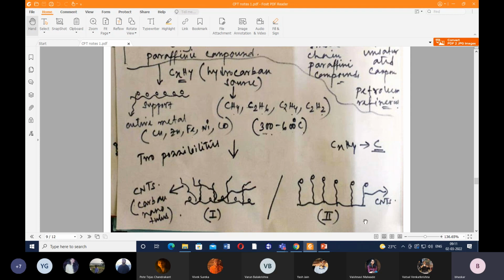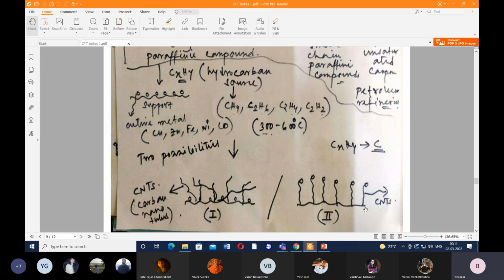From my practical experience, I can tell you that we can expect less interaction between the active metal and the support when the active metal is a transition metal. In the case of transition metals like iron, nickel, cobalt, copper, and zinc, we can have this kind of arrangement.